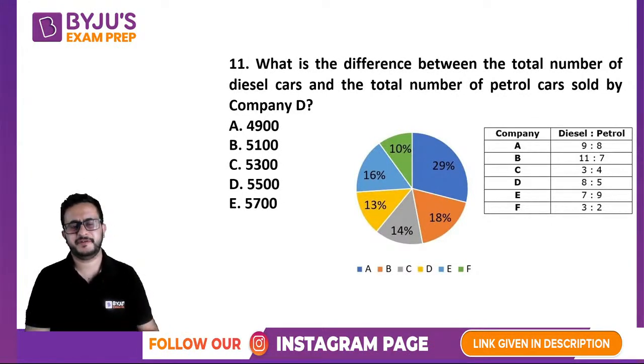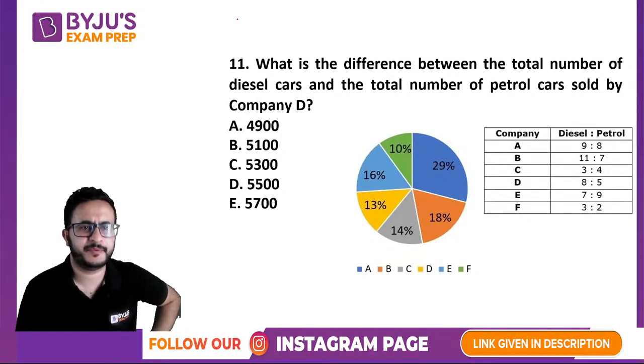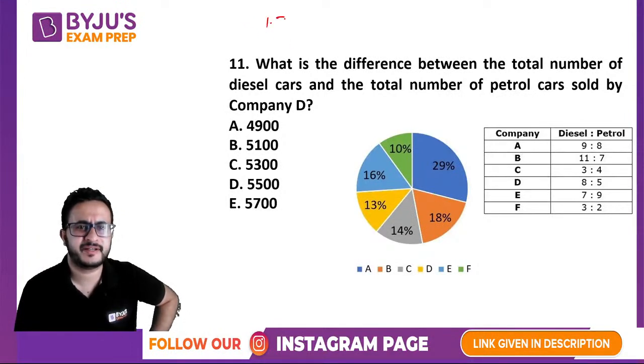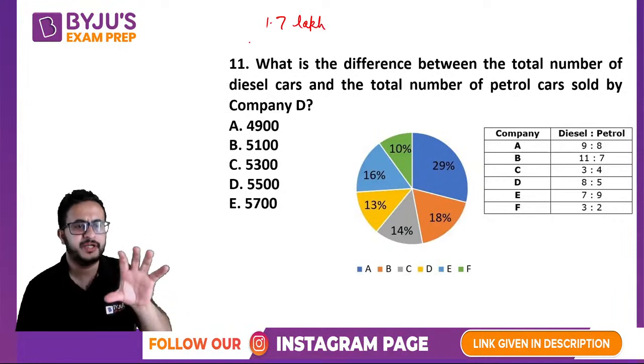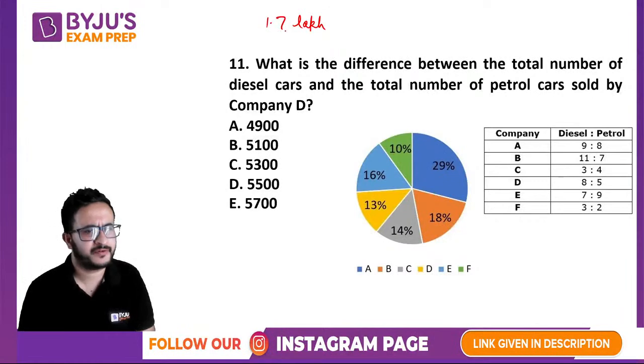I will say let's learn to do it in a direct way, right? So one common thing that people do is they take 1.7 lakh total. Now let's do it in one single line in one calculation. Okay, 1.7 lakh है, so let me write 17, right? I will forget how many zeros are there, into what is D?